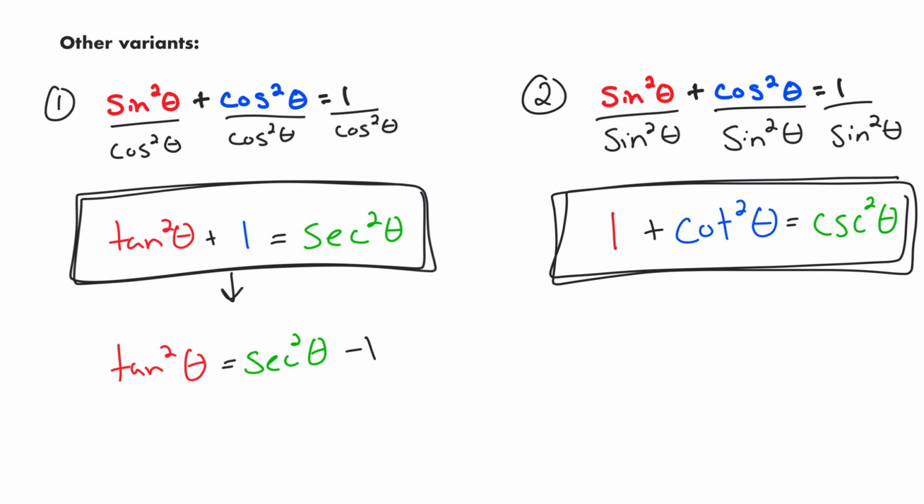Which is the same thing, if I just subtract the secant squared to the other side, as saying tangent squared of theta minus secant squared of theta is equal to negative 1. These are all 3 different variants of that trig identity. Depending on the problem, one variant might be more useful than the other.